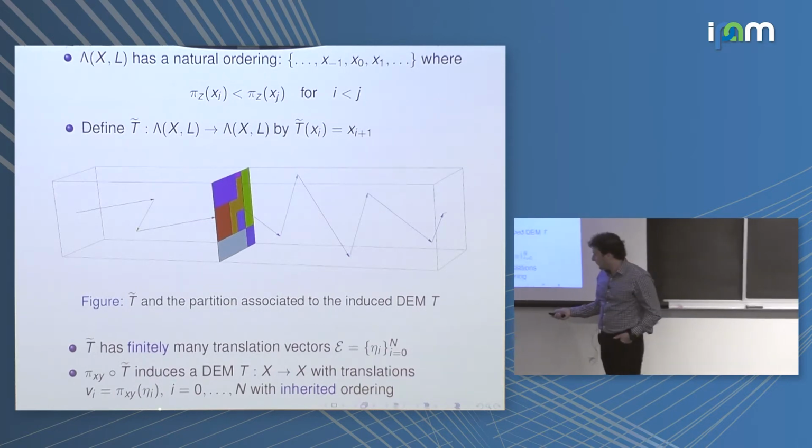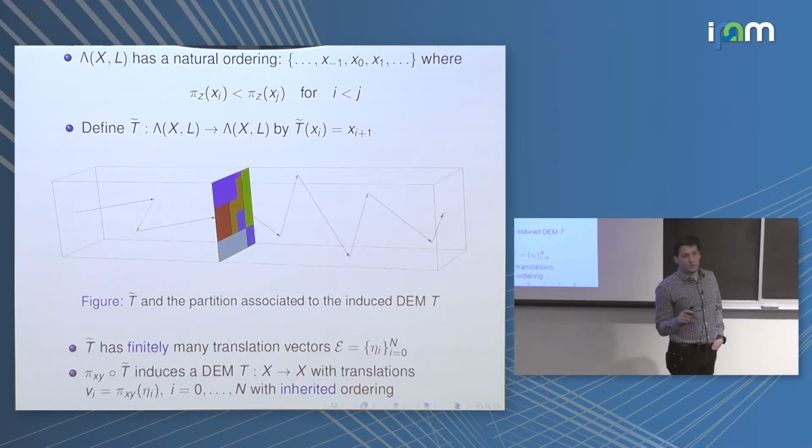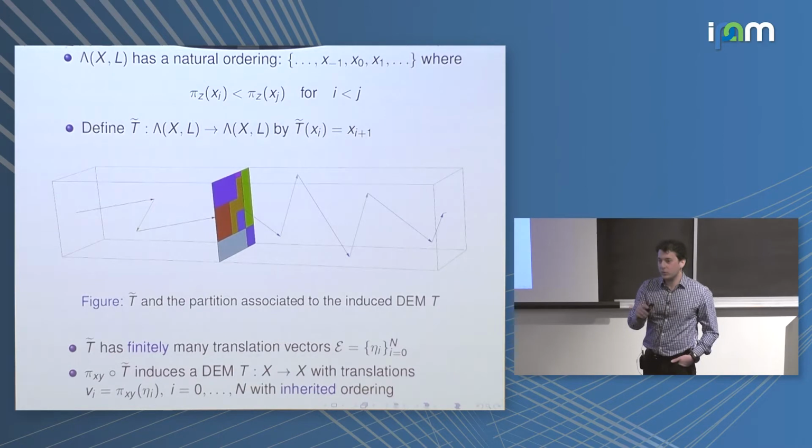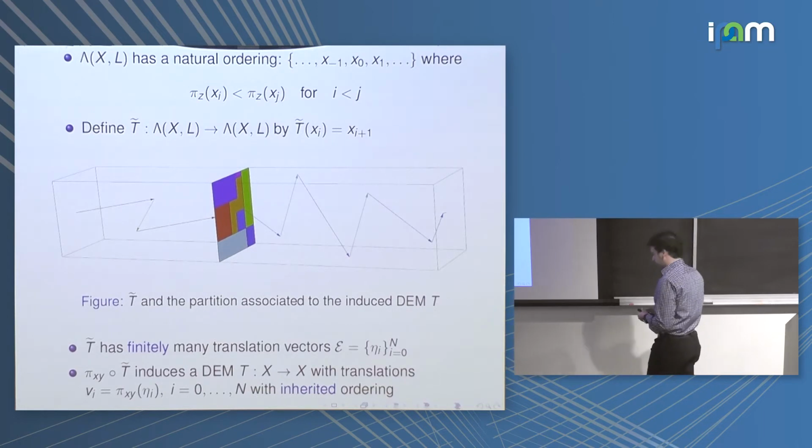So here I've taken vi to be the projection of eta I onto the xy plane. And those are going to be used to give us the translation vectors for the domain exchange map.